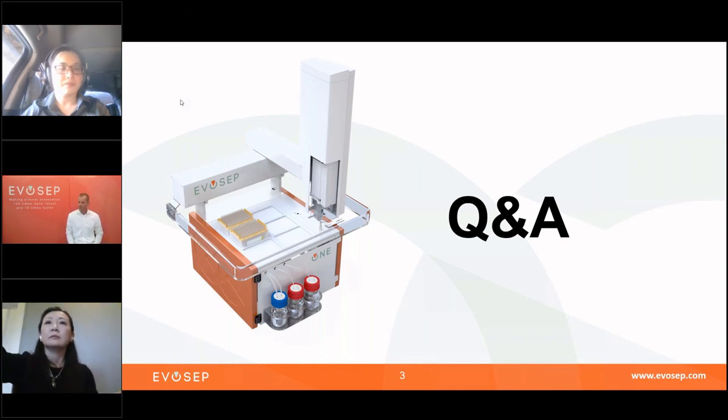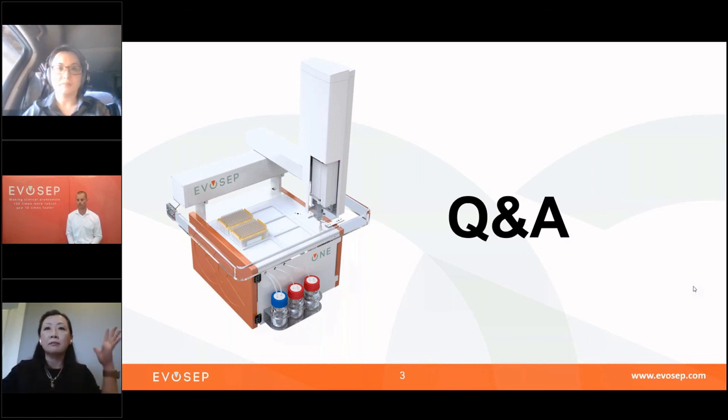Yeah, the first question is for Emily. Hello, Emily. Is the entire workflow that you presented today commercially available? Yes, it's entirely available. You can purchase the sample preparation portion, the robotics with the sample preparation kit from Pierce.